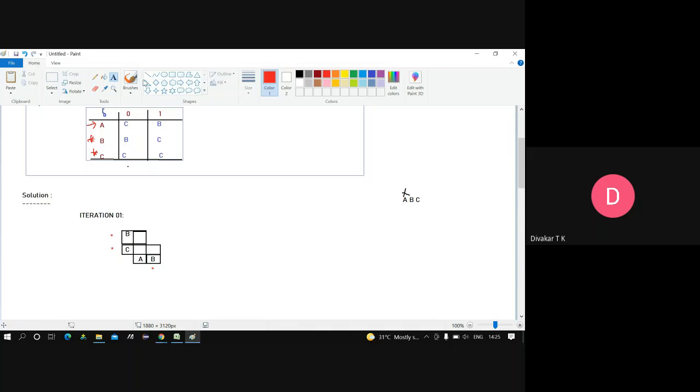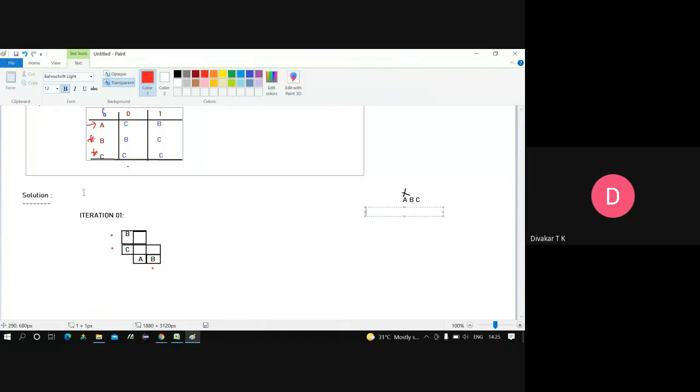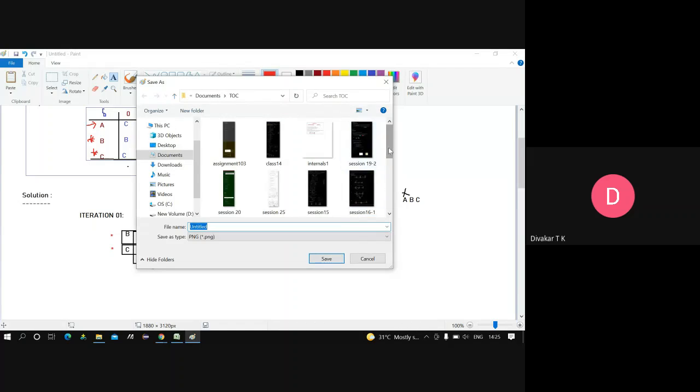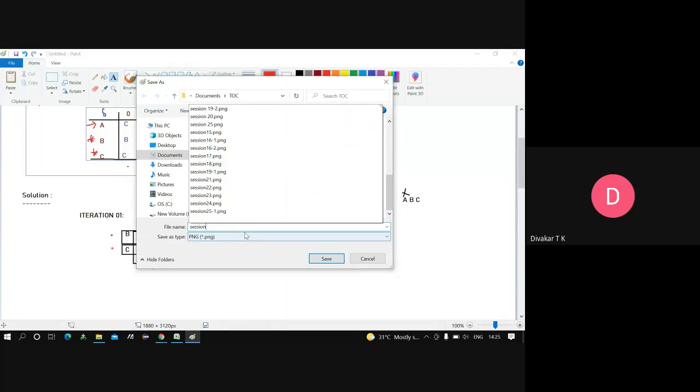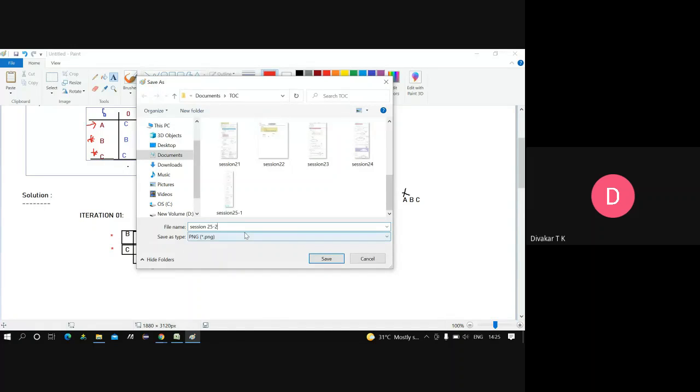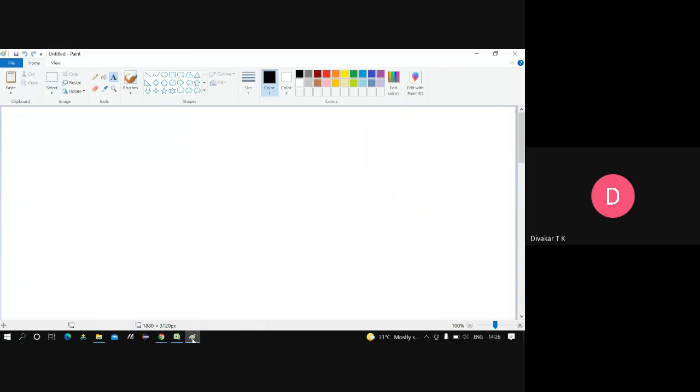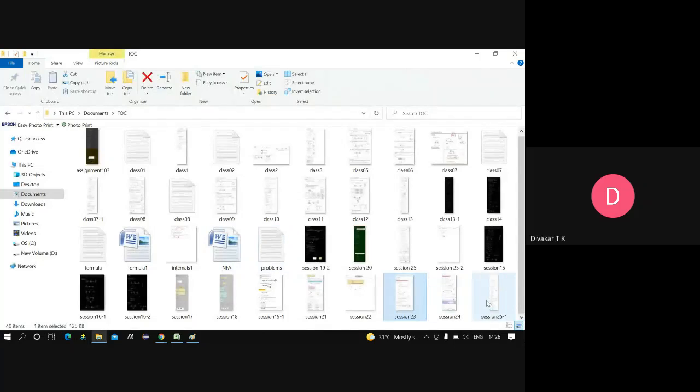Great. Now I'll open one more Paint here. First of all, let's save this one.